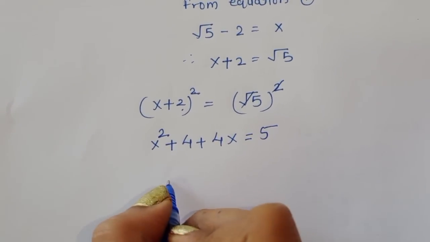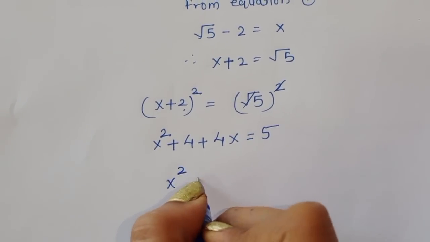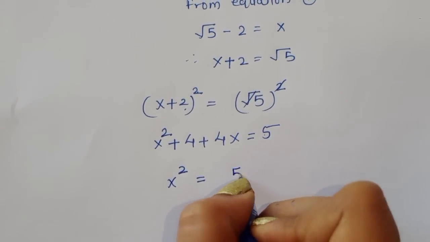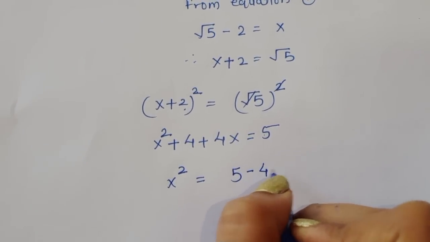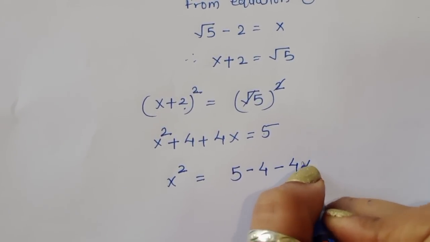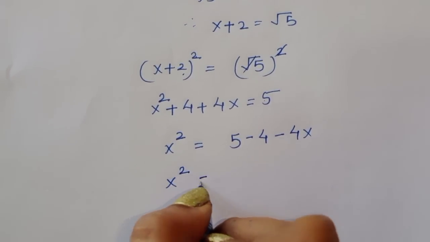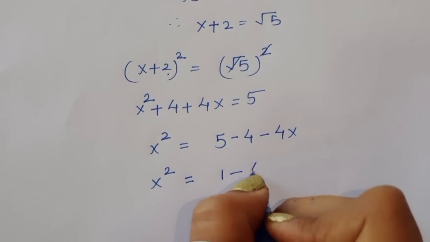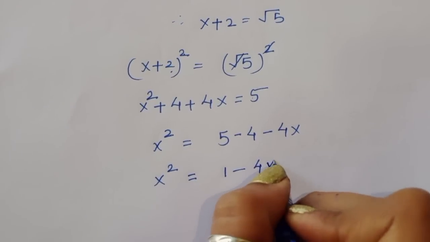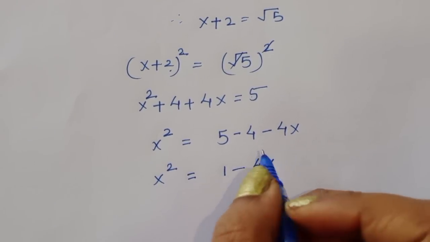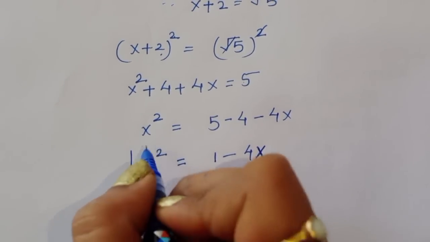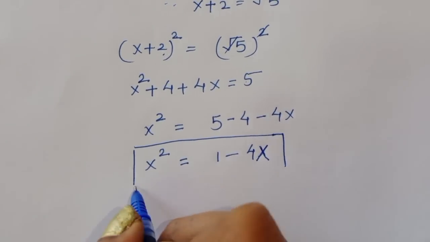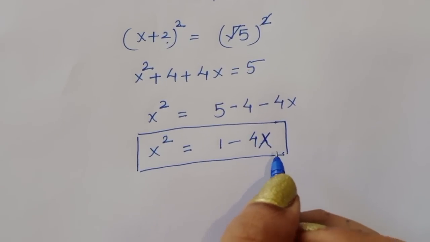Now we can write x square is equal to 5 minus 4 minus 4x, right? Therefore x square is equal to 1 minus 4x. Now x square is equal to 1 minus 4x. We got this value. Now we have to do here one thing.